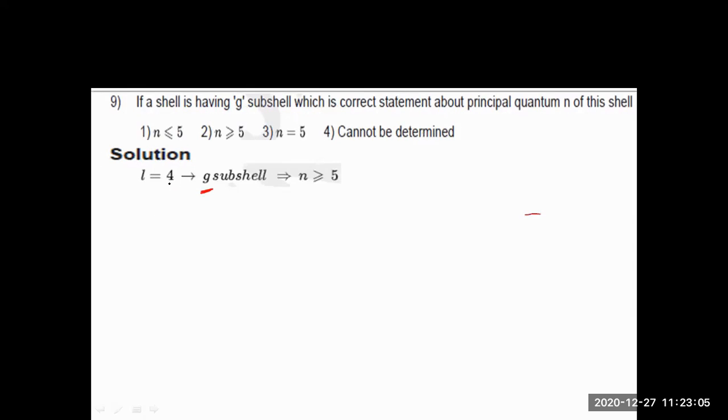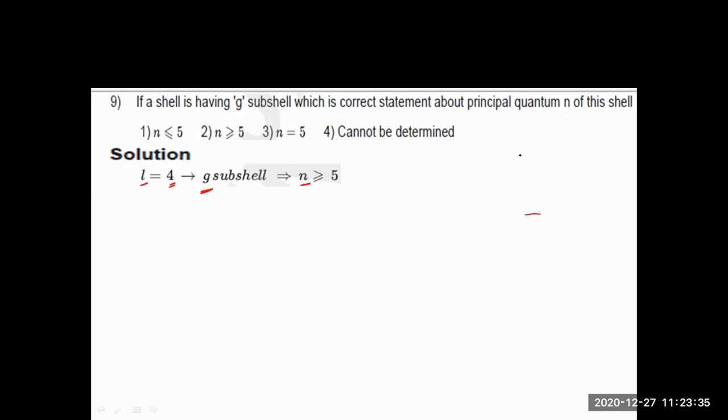For l to be 4, n should be 5 or more than 5, because for every n value, l can have values starting from 0 and ending with n minus 1. So l is always 1 less than n. For the g subshell, l is 4, so n should be either 5 or more than 5.